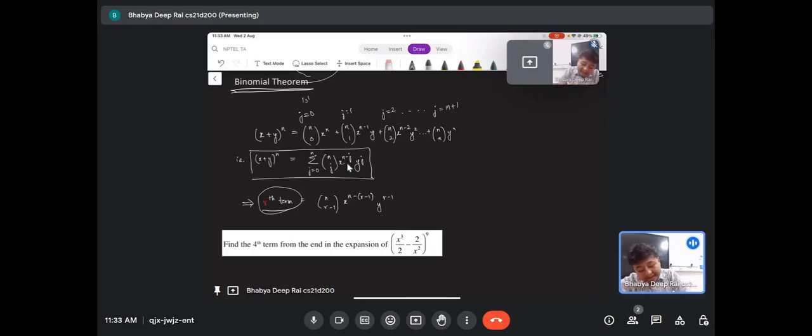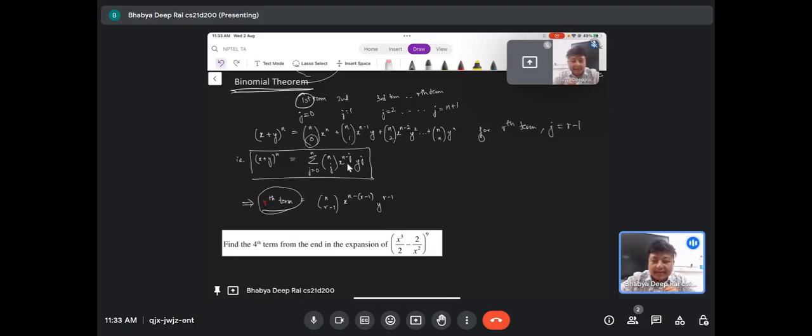If I write this as the first term, second term, third term, and so on, what will j for the rth term be? For the rth term, j is nothing but r minus 1. For the first term, r is 1 and j is 0. For the second term, r equals 2, j is 1, and so on. So j is simply r minus 1, right?